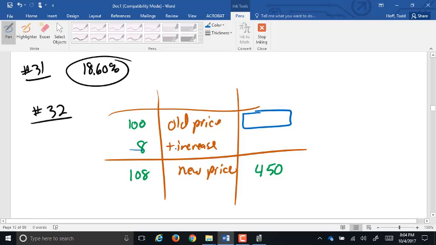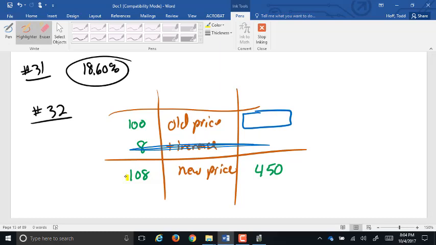So that means we don't need this middle row at all. We need the row that has both numbers, which is the new price, and the row that has the number we're looking for, which is the old price. So those are the rows we need.